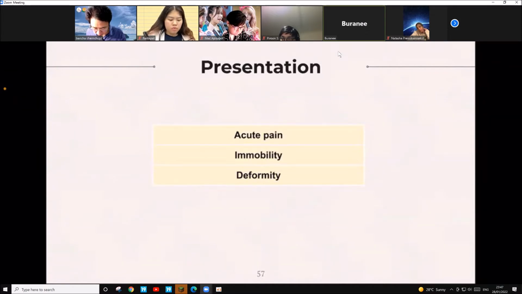So knee pain might also be present, and as the tendon and muscle are damaged, it could also cause some degree of swelling. Another common presentation would be immobility. When the hip is immobilized and there's a reduction in hip range of motion, the patient could also present with the inability to walk. Let's show the pictures. The patient has so much pain and deformity, right? Show the clinical presentations.